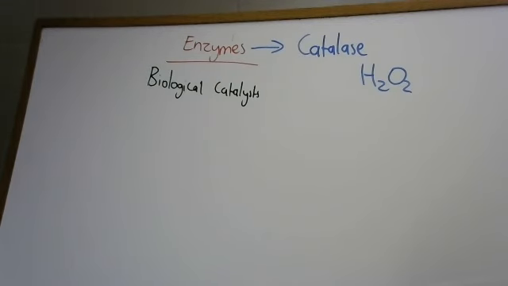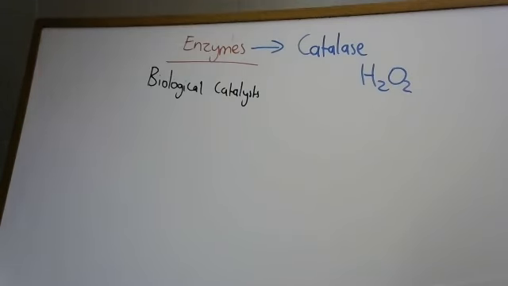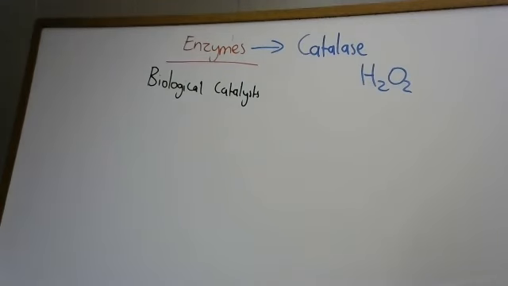In year 11, you should do an experiment where you take beef liver, which is where catalase is produced. You'll mix it with hydrogen peroxide, and you'll watch the gas bubbles produced and see the enzyme at work.